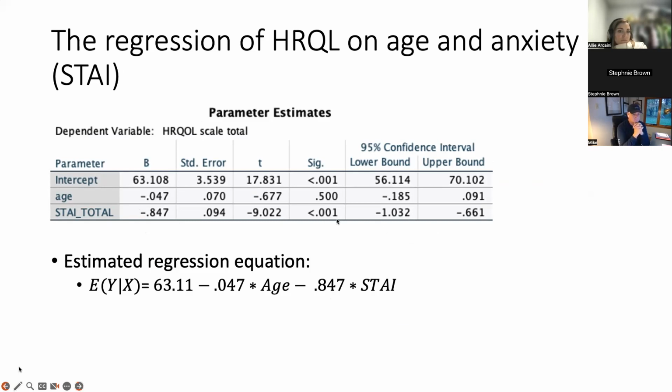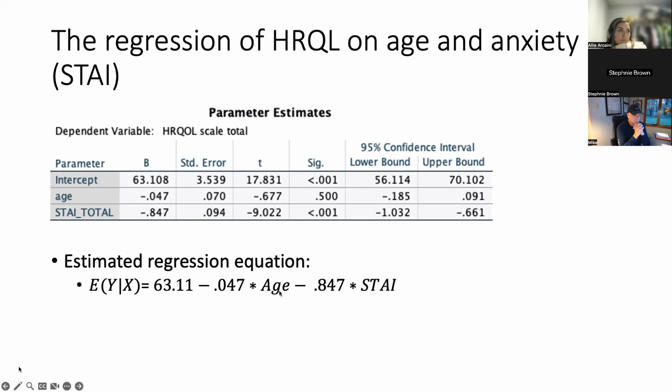And that's got a small p-value, meaning we can be fairly confident that there is a negative effect there. But we might ask, is that practically significant? Do we care about that?